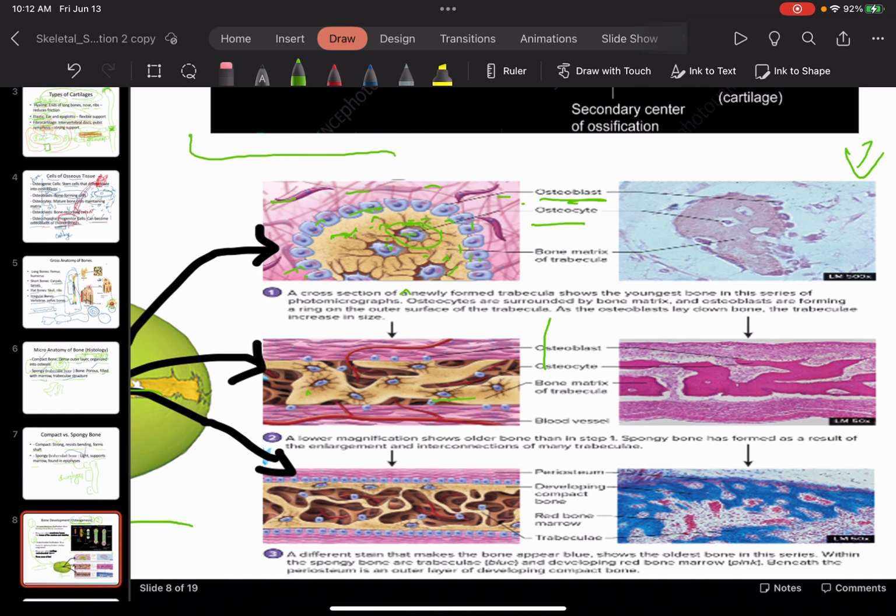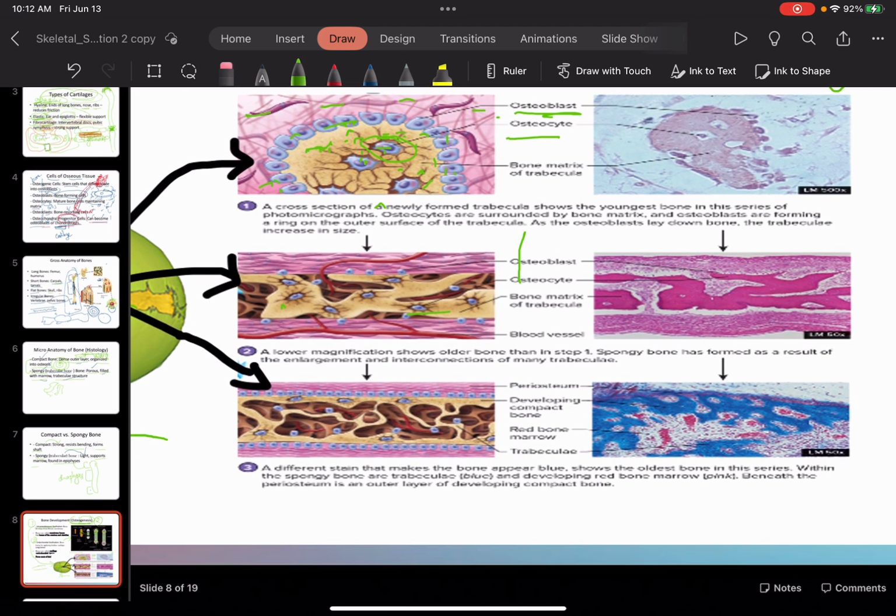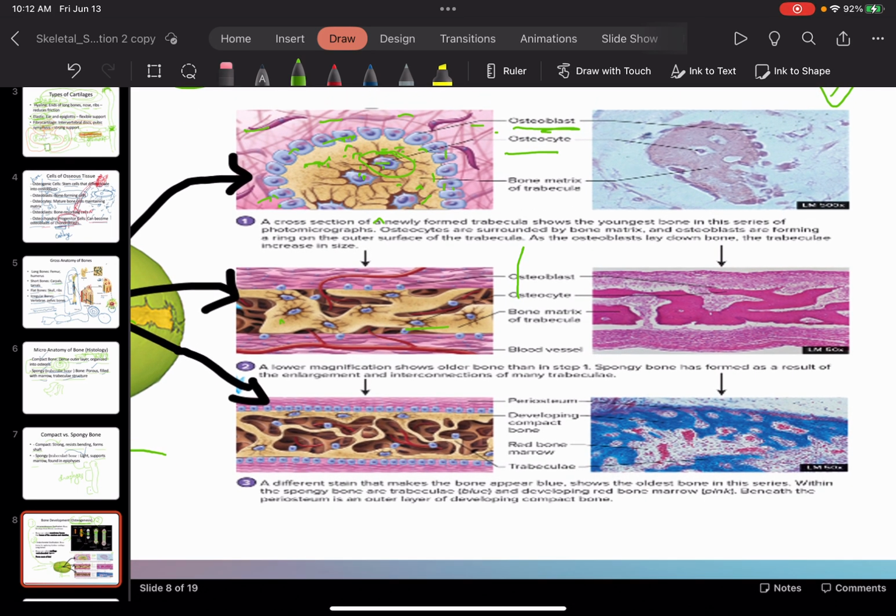So the spongy bones start forming in the beginning. A lot of trabeculae are forming.